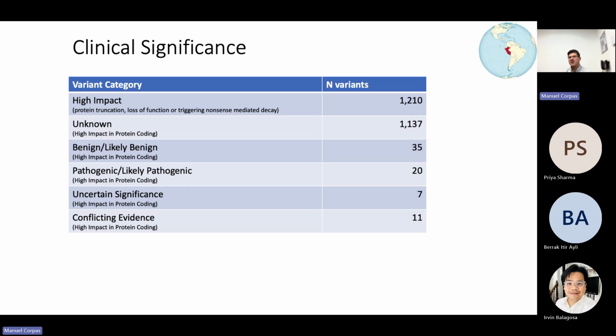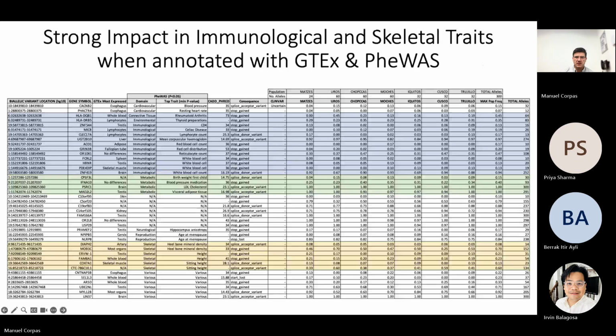Okay? So part of my research was to further understand, from those 1,200 high impacts, prioritize those that were most frequent in this population of Latin American, of Peruvian, right?